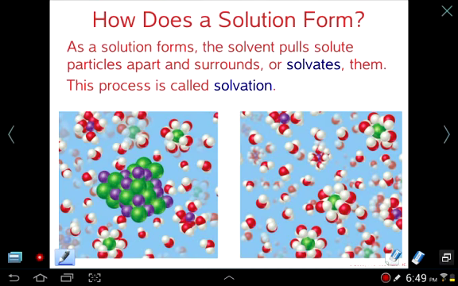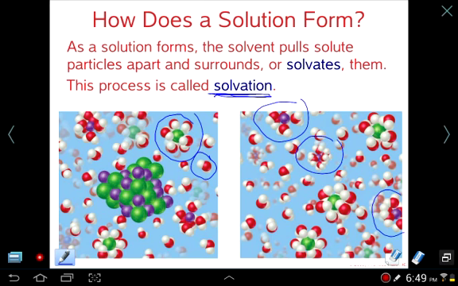And when this does occur, then what we call solvation happens. Solvation essentially is whenever your solvent particles surround your solute particles and then disperse them throughout the solution. So here you see that the solute particles are dispersed throughout. That's the idea, and this is called solvation.